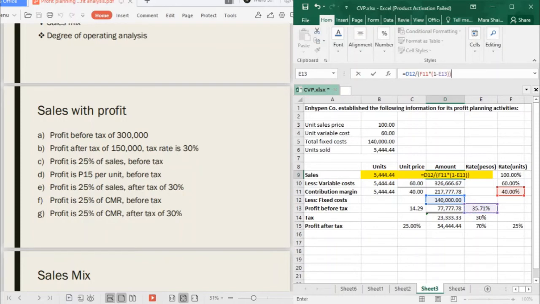Then again, gi-multiply na siya 40%. Kay tungod, ang kani pong imong 100%, di ba? Kani siya nga area is 1 minus 37.71 is ni-relate ni siya diri sa imuhang fixed cost. Sina siya, muna siya ang rate diri sa imuhang fixed cost. Given nga ang imong 100 is kaning sa contribution margin. Now, remember, kaning imong contribution margin is 40% ba siya sa imong sales.